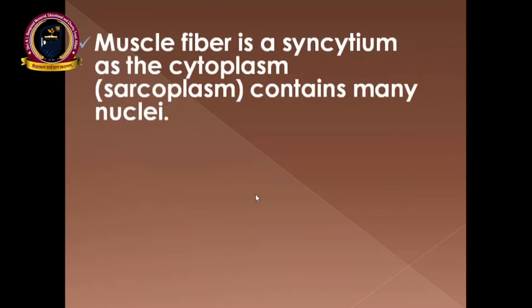Muscle fiber is a syncytium, that is, its cytoplasm or the sarcoplasm has a large number of nuclei, but the nuclei are pushed towards the periphery because of the myofibrils which are filling the interior of the myofiber.